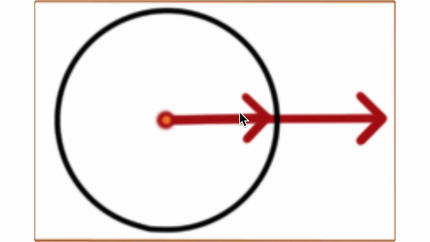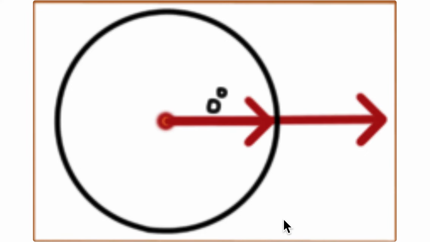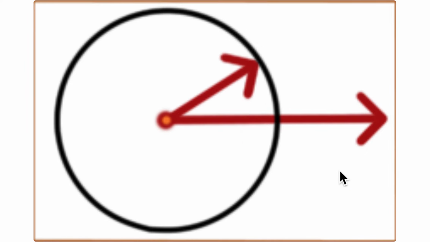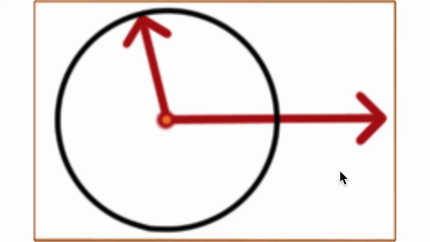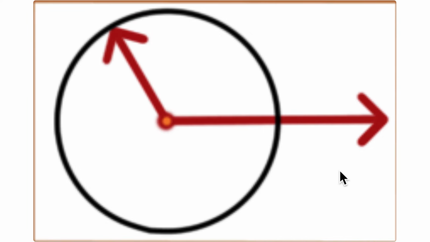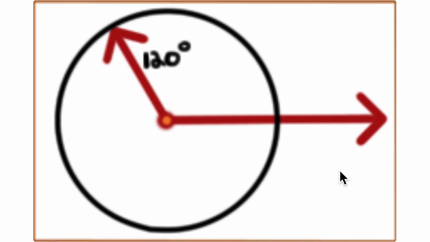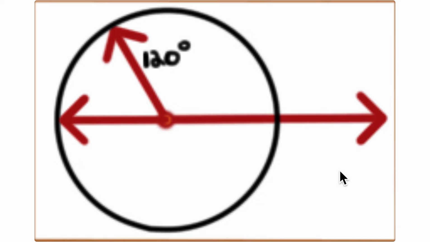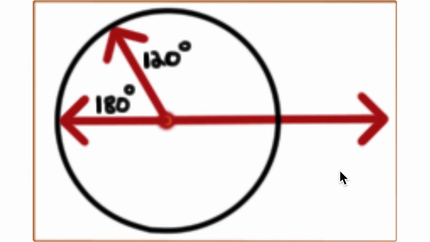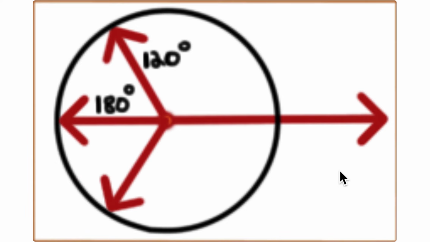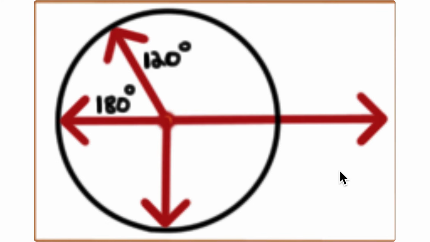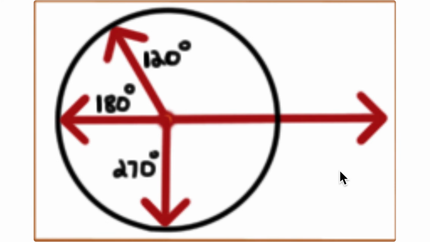And finally, let's look at this smaller ray turning through this circle. So we start out at 0 degrees, and it begins to turn. And the first angle that we had was 120 degrees. So now that ray is going to continue to turn, and it gets to 180 degrees. Then it continues to turn, and it gets to 270 degrees.